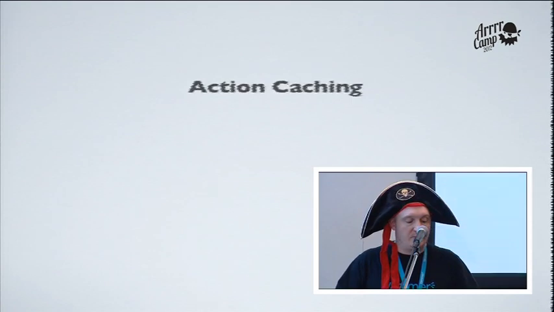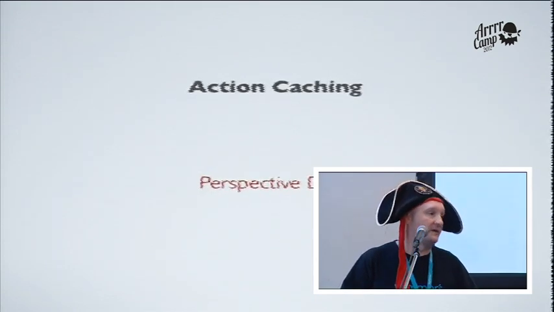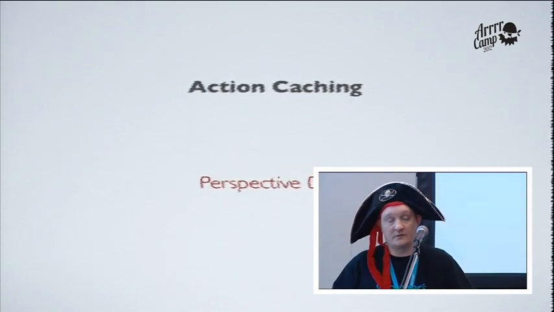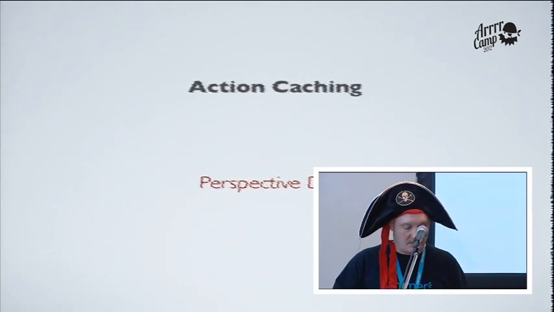We can also do action caching. That handles dynamic data, but you have the problem of the perspective of the data. Depending on whether I am an administrator or a user on my website, I don't want to have the same behavior. So I can't really use action caching.